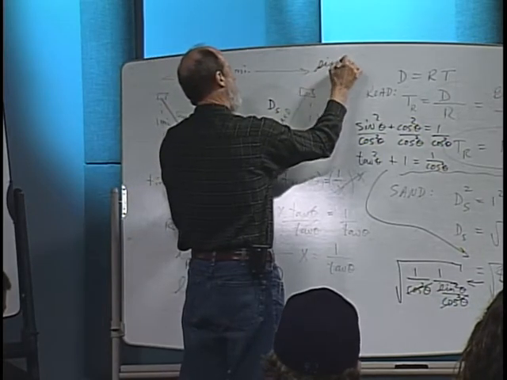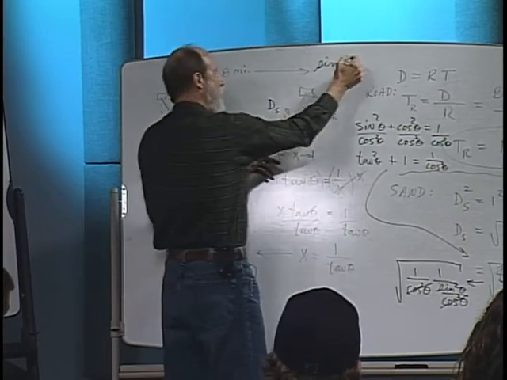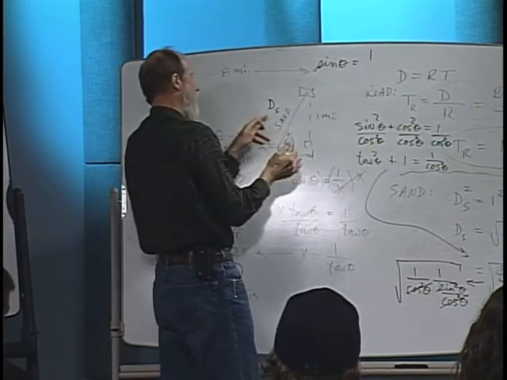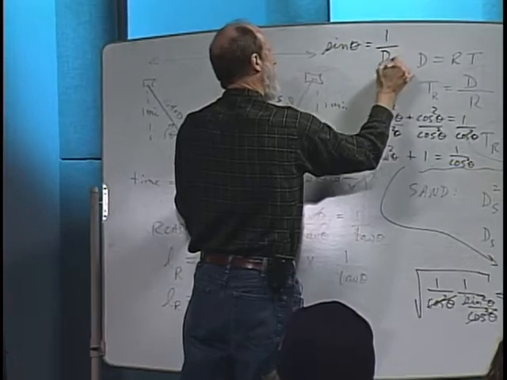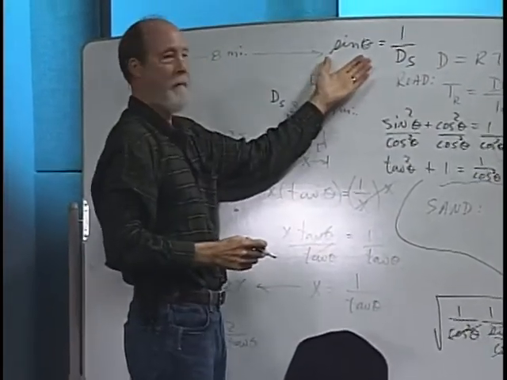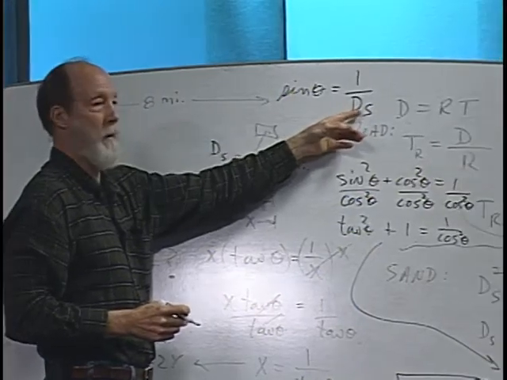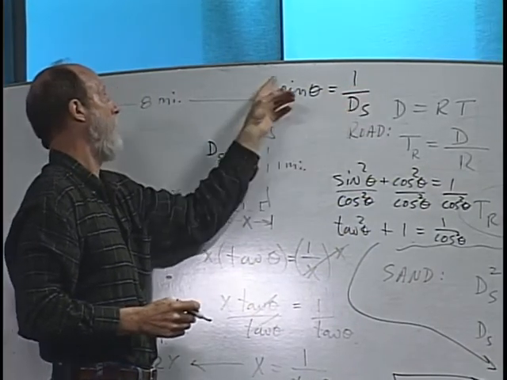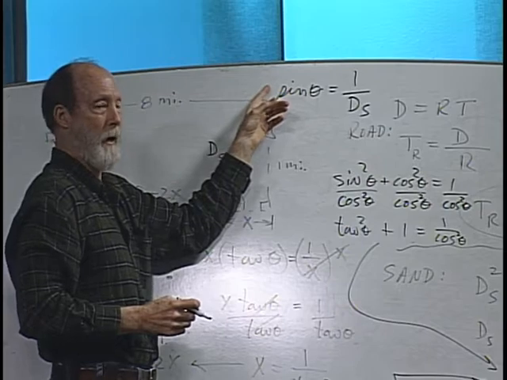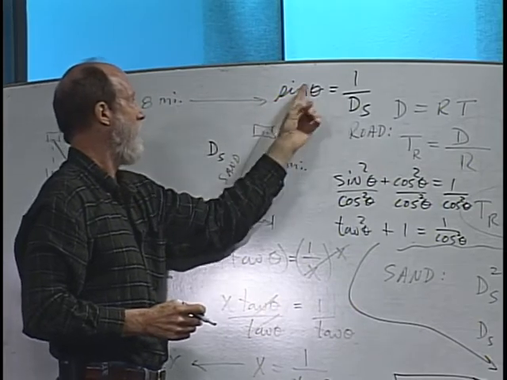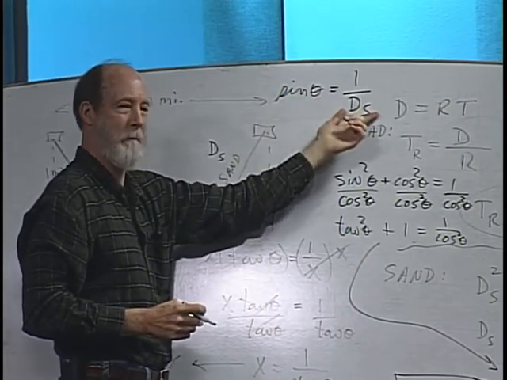Isn't the sine of theta opposite over hypotenuse? So if you multiply both sides by d sub s, it kicks it up over here. And if you divide both sides by sine theta, it drops the sine theta down under here.